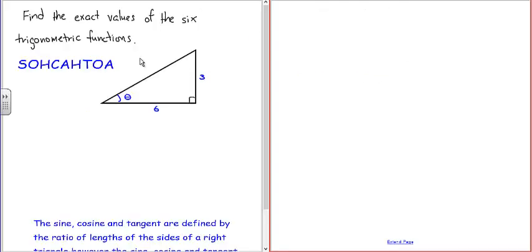So the first thing we need to do is figure out what the length of the hypotenuse is. So that means using the Pythagorean theorem. So that's 9 plus 36 is equal to h squared. That's 45 equals h squared. So h equals the square root.